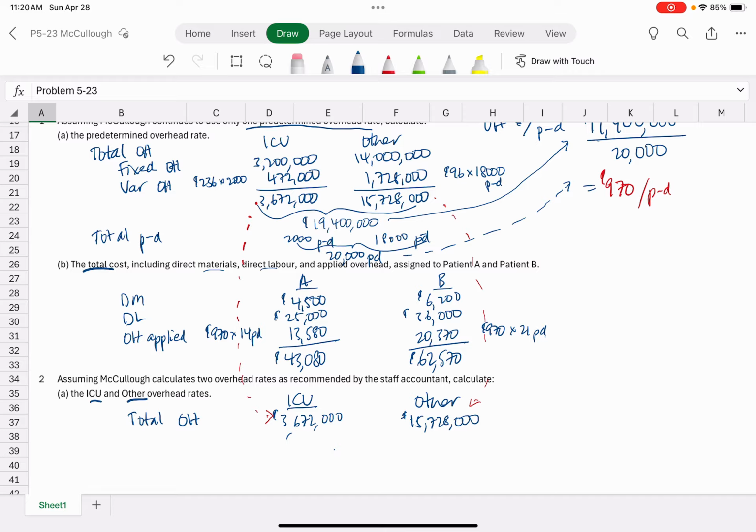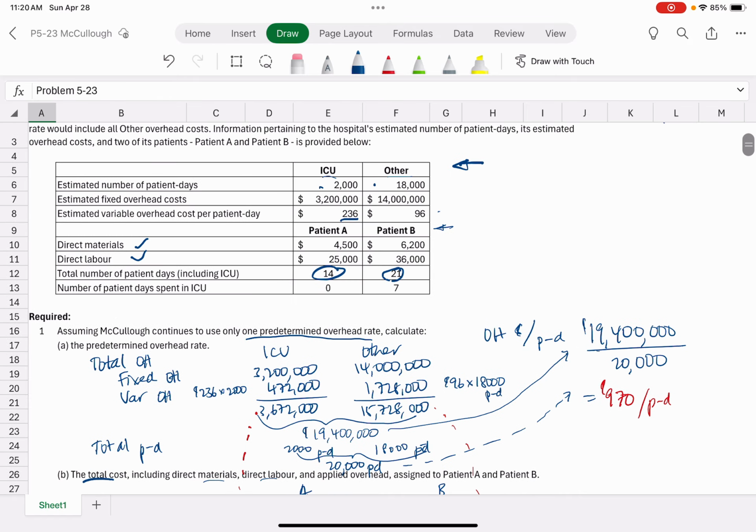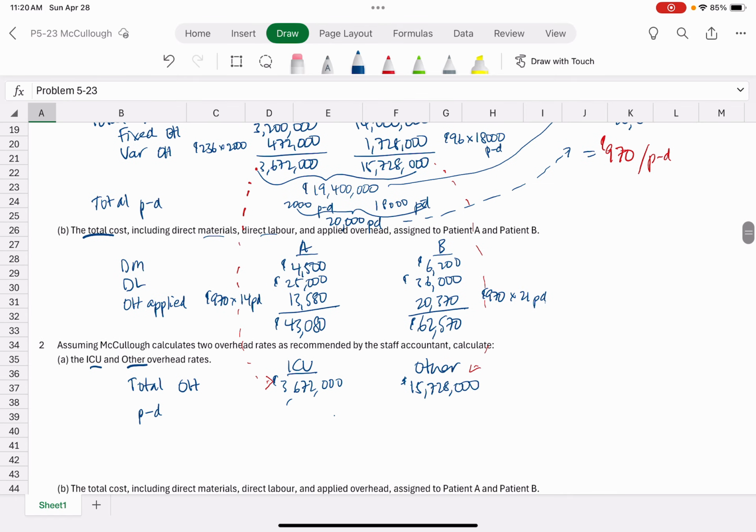And they've given us the patient days split between the ICU and other. And if you recall, it's 2,000 in the ICU and 18,000 in the rest of the hospital.